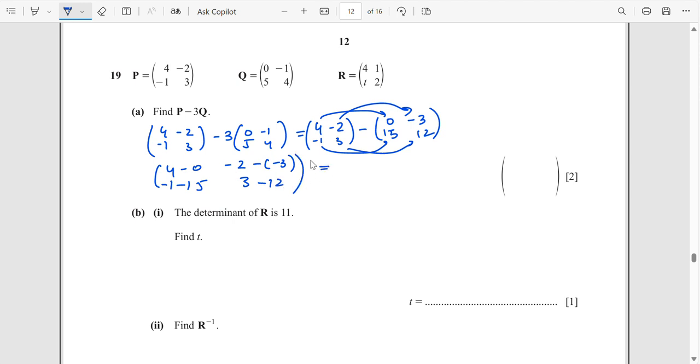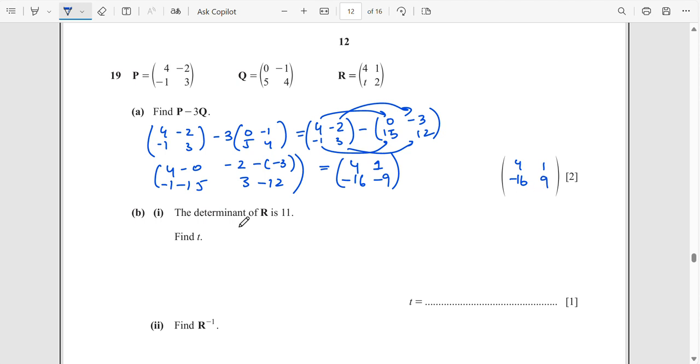So here 4 minus 0 is 4, minus 2 minus 3 will be minus 2 plus 3, which will give us 1. Minus 1 minus 15 is minus 16, and 3 minus 12 will give us minus 9. So this is our answer.